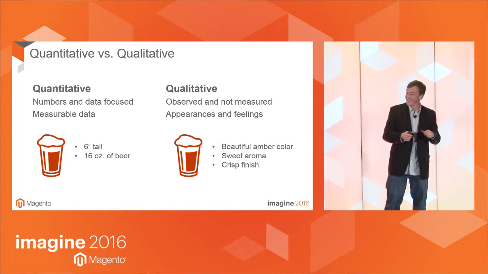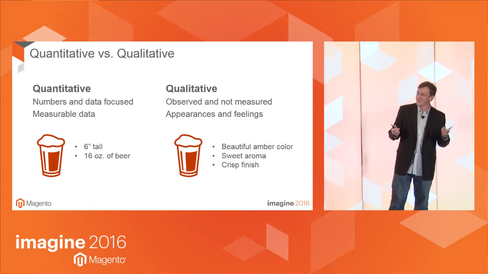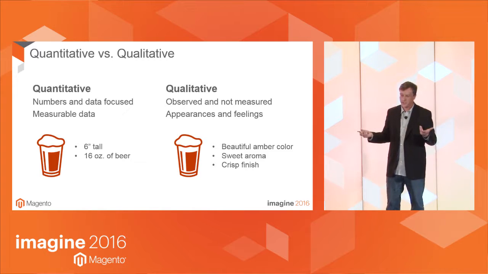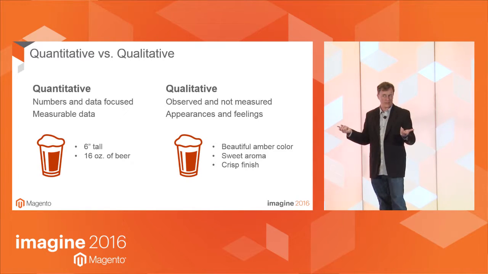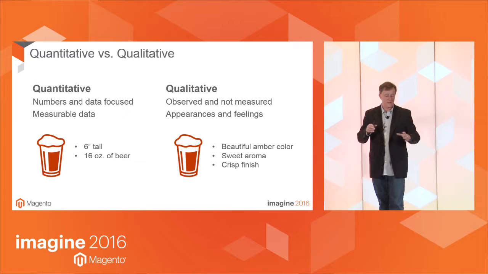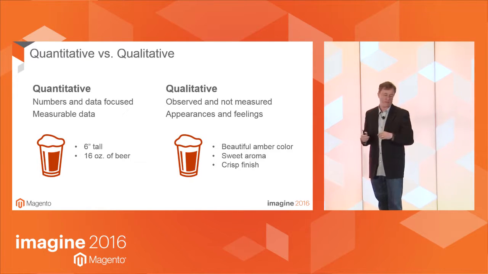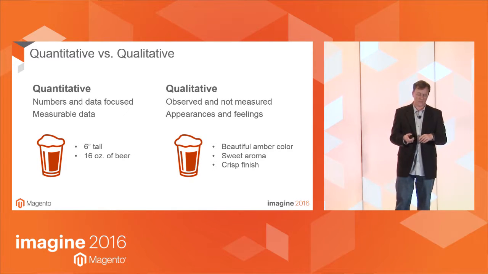Who's thirsty, by the way? Quantitative looks at that exact same pint and sees the scientific qualities of the measurable data. It's 6 inches tall. It's got 16 ounces of liquid in it. And so again, looking at things from a multitude of perspectives is very important. And when you decide to pick a method in testing, you really need to look at these from the two major categories.